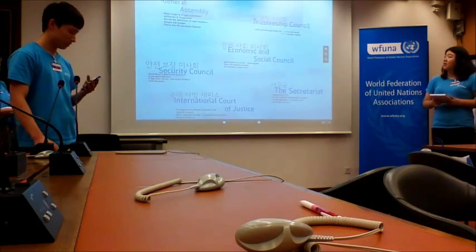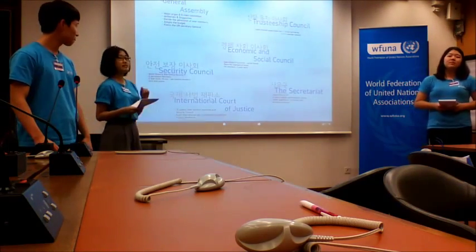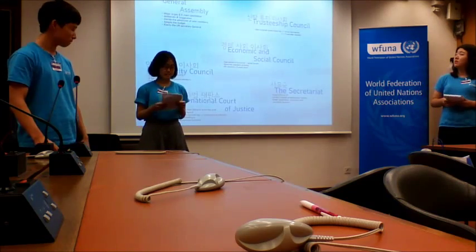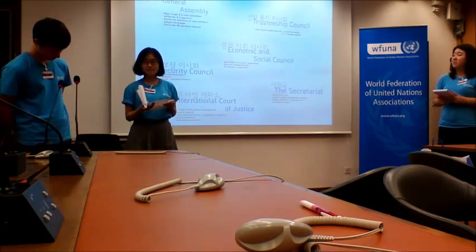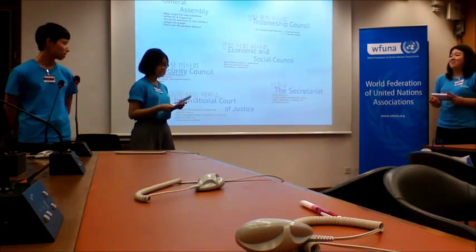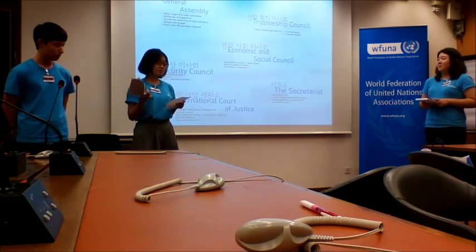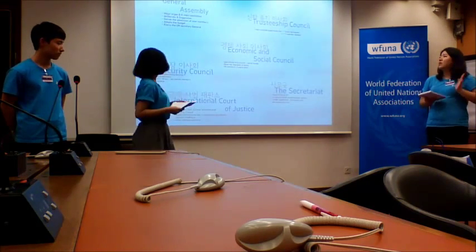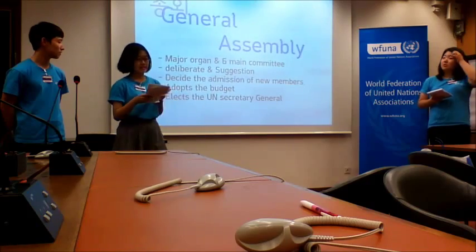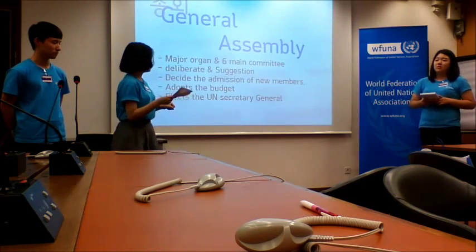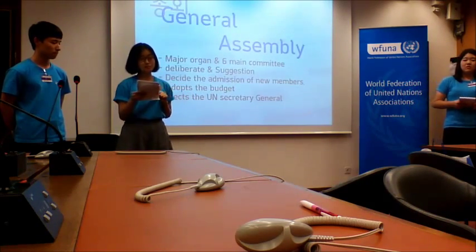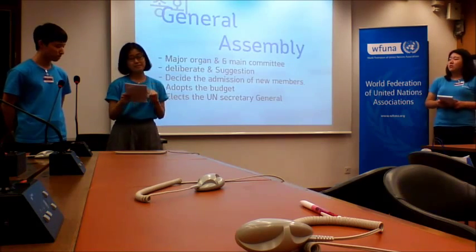So moving on to the structure of the UN, there are currently 6 organs in the United Nations: General Assembly, Security Council, Economic and Social Council, Trusteeship Council, International Court of Justice, and the Secretariat. First of all, the General Assembly. The General Assembly is a major organ in the United Nations, which consists of 6 main committees.